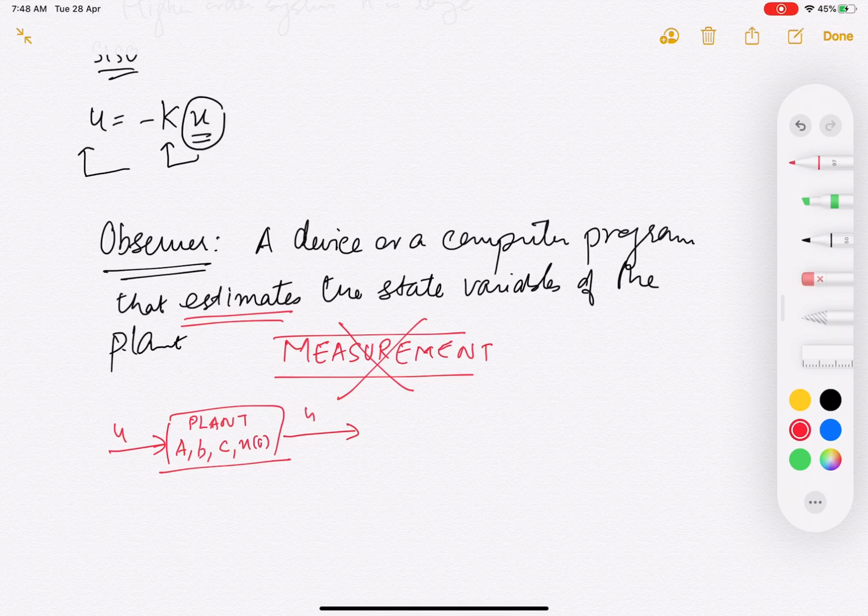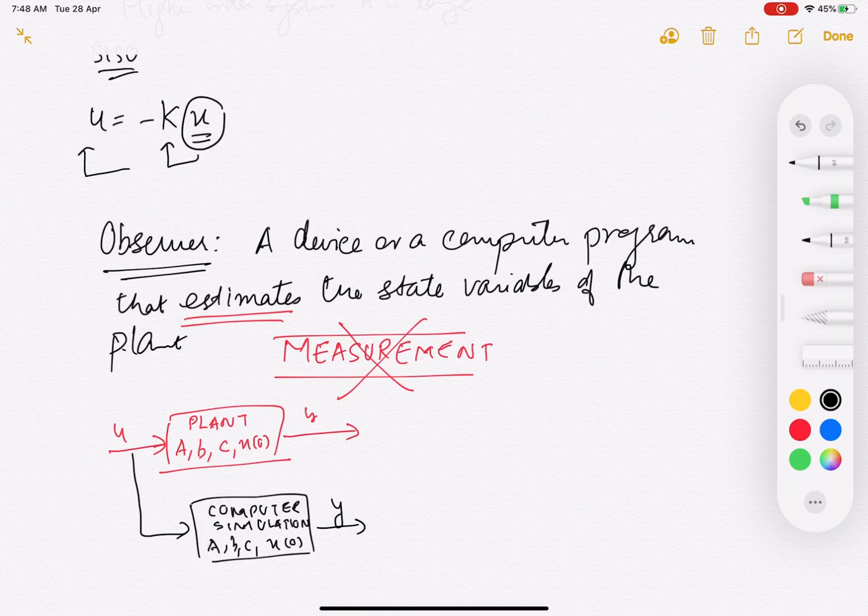And you see the output Y. Because you know A, B, C and the initial conditions, you give the same input to a computer program which basically simulates your plant. You feed in the matrices A, B, C, you give in the initial conditions x0, and you get this Y. We call this Y hat, right?